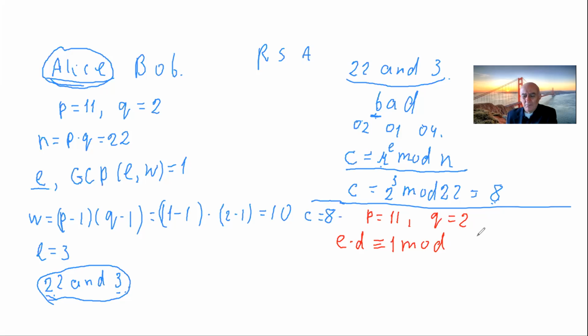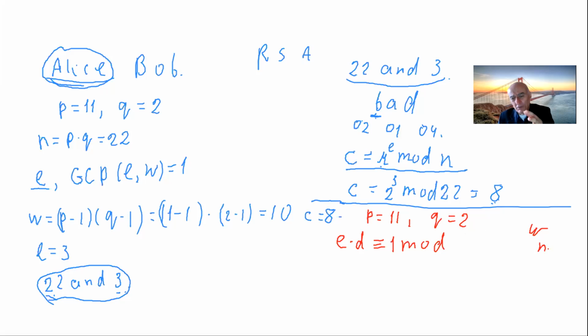What should I write here, modulo W or N? What do you think, W or N?